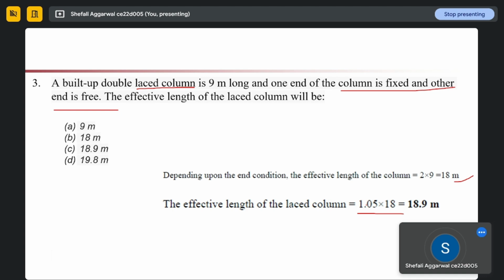Like in case of batten, we are telling it should be 1.1 of L effective. In case of our laced column, the effective length is given by 1.05 of 18. Okay, so the answer will be C, 18.9 meter. Is it okay or do you have a doubt?